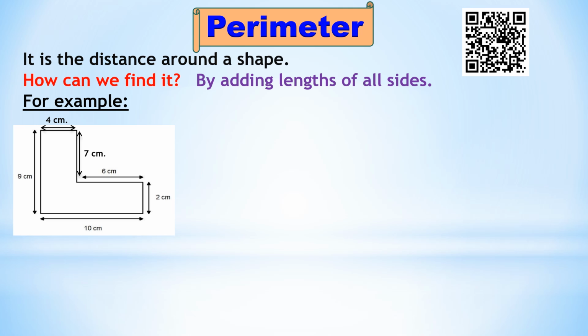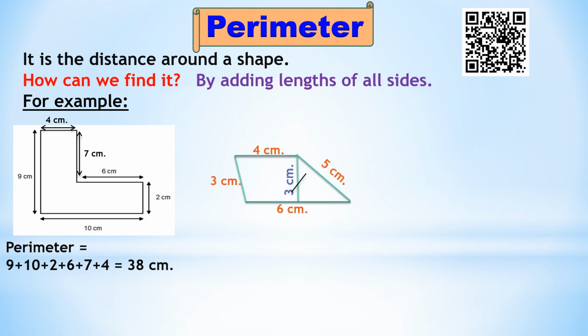So here we came back to the start point. So we started at 9 and moved to 10, 2, 6, 7, and then the last side is 4. So perimeter is 9 plus 10 plus 2 plus 6 plus 7 plus 4.